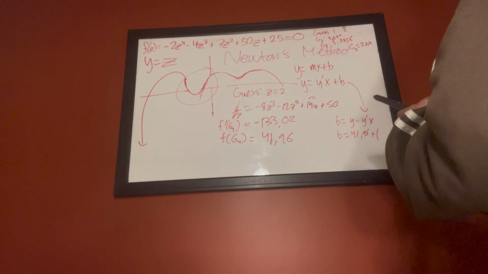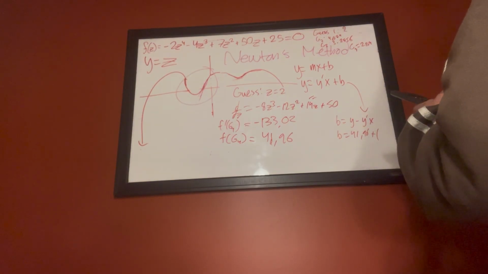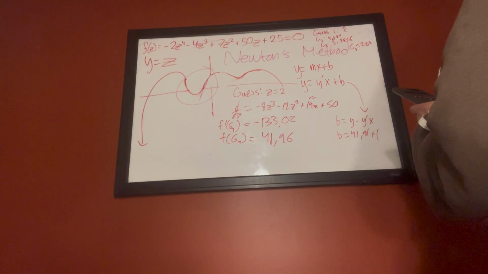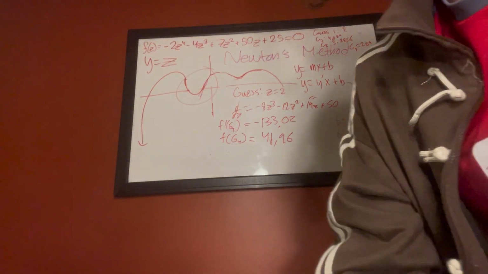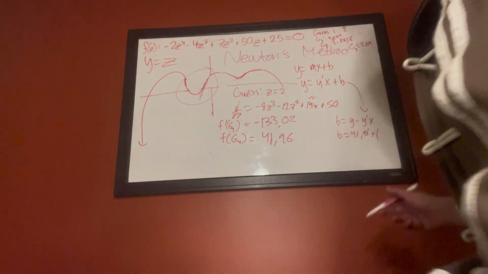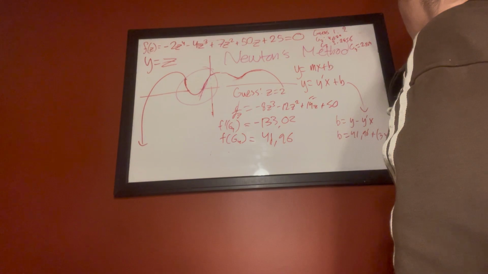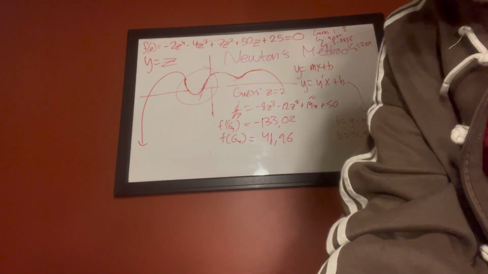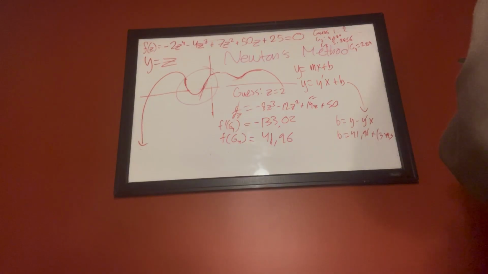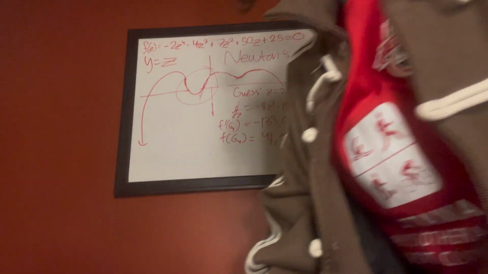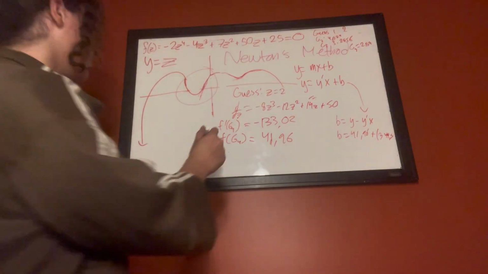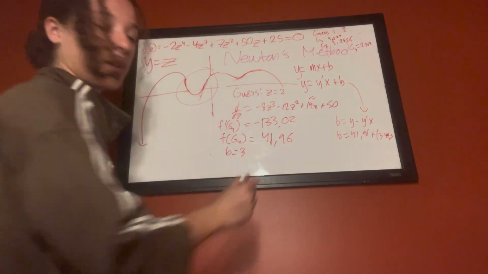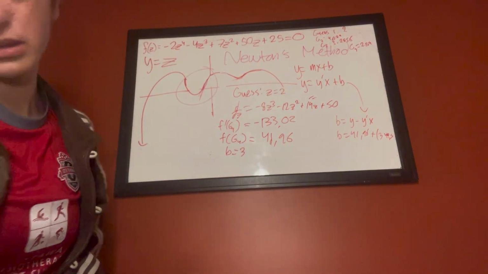Okay, so that's plus 344.5. So 344.5 plus 41.96. Okay, so I have B is equal to 386.48.